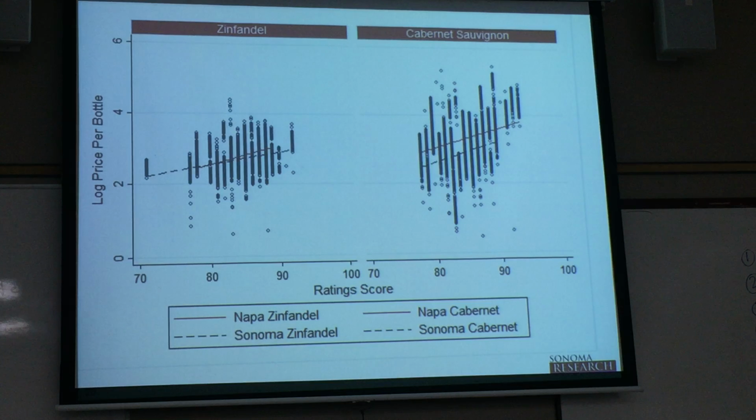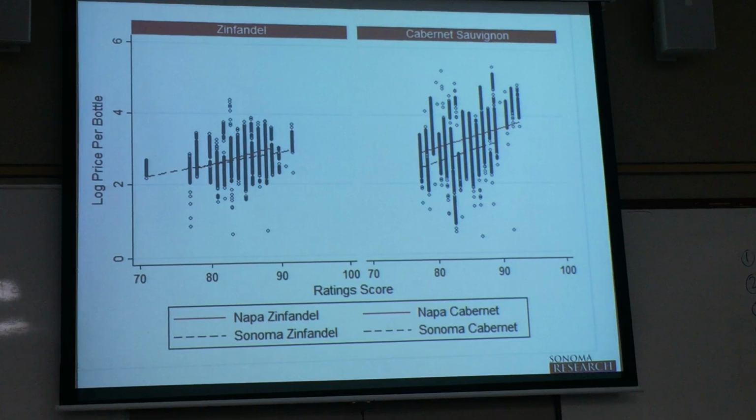And then this will tell us what? This will tell you what is the log price, whatever that is. The log price doesn't have much of a meaning. But what is the log price of a wine that scored 85 from Napa? And what is the log price of a wine that scored 85 from Sonoma? Now, individually, those don't have any useful interpretation, so we can't think in terms of log prices.